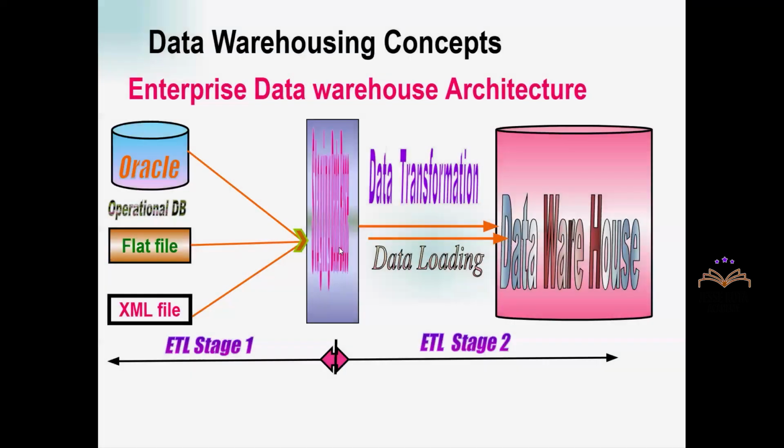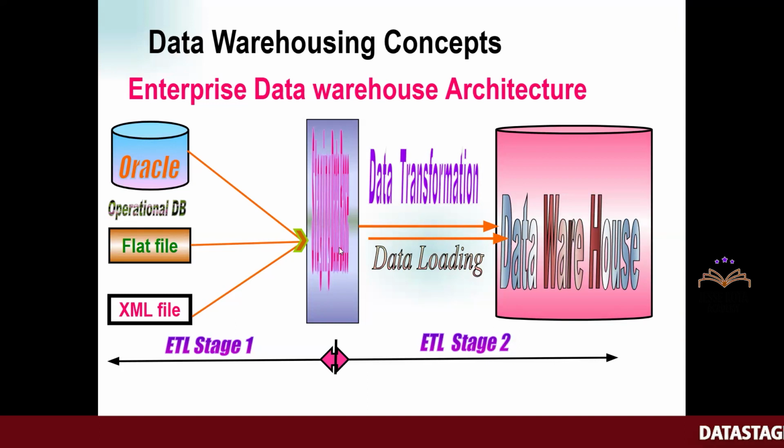The next one is the enterprise data warehousing architecture: sources, flat files, XMLs, staging area, operational databases, transformations, and loading the data into the target data warehouse.